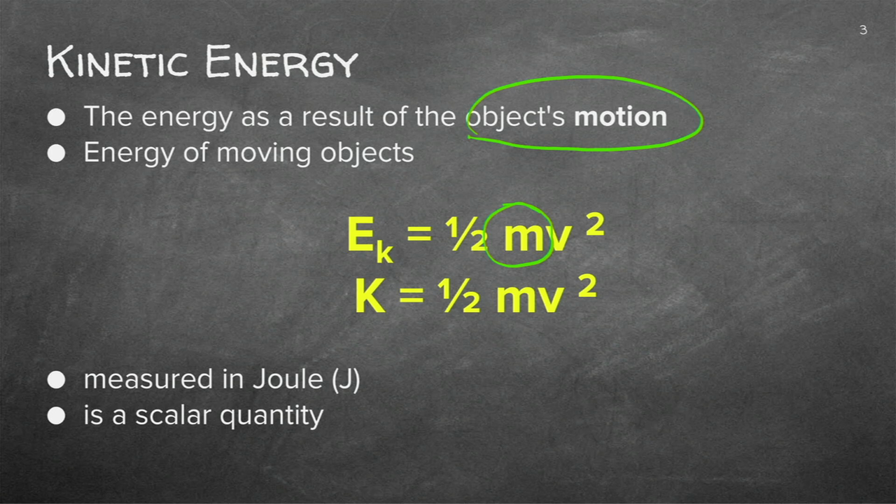If something has a greater mass, to move that will require more energy, or less energy if it's got a smaller mass. And then also, if you want to make it faster or slower, it will depend on the velocity. So make sure that you've got your mass and your velocity, and if you have those two components, you can calculate the kinetic energy.